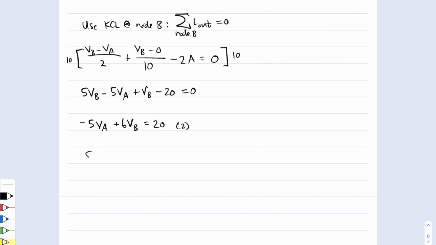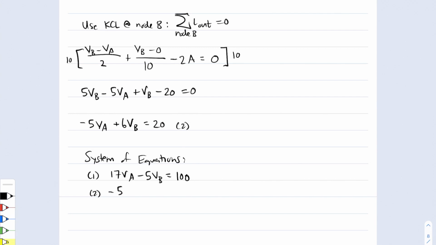So let's write this out cleanly. We have a system of equations. Equation 1 is 17 VA minus 5 VB is equal to 100.